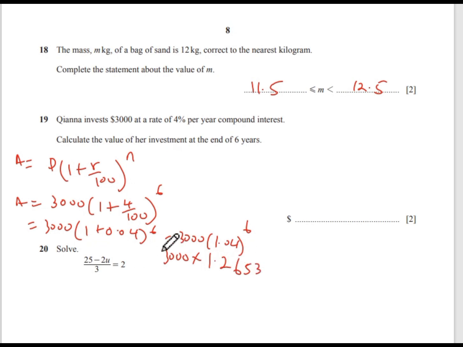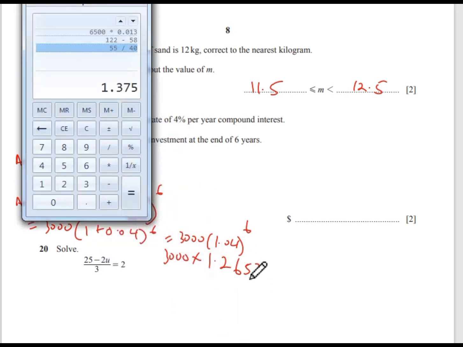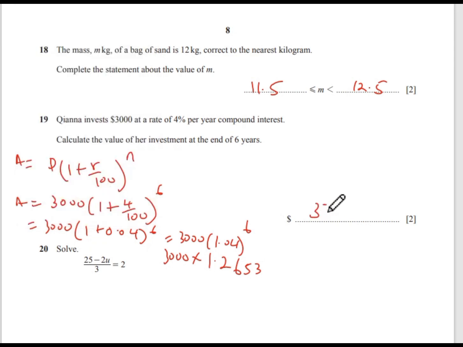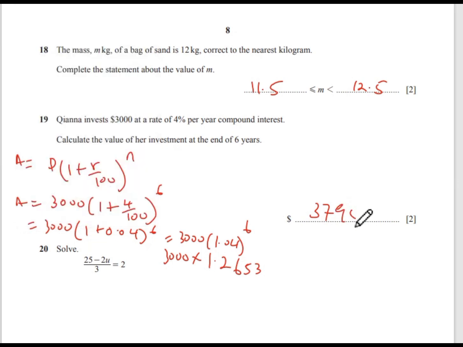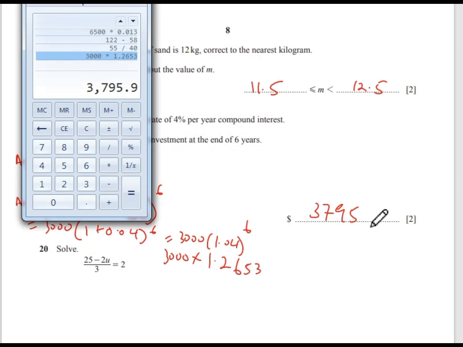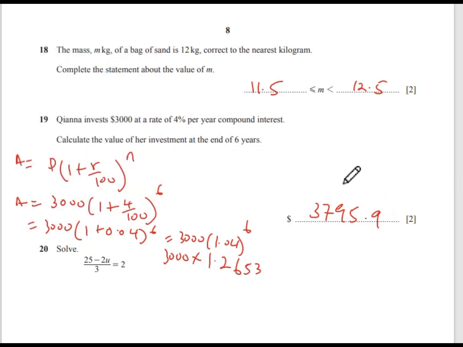So when you multiply this by 3,000, that gives us $3,795.9.